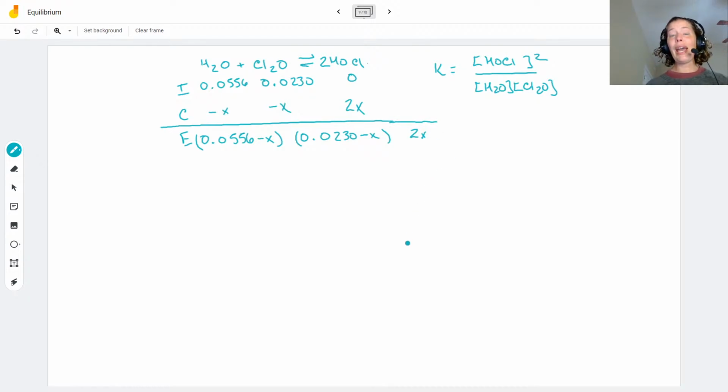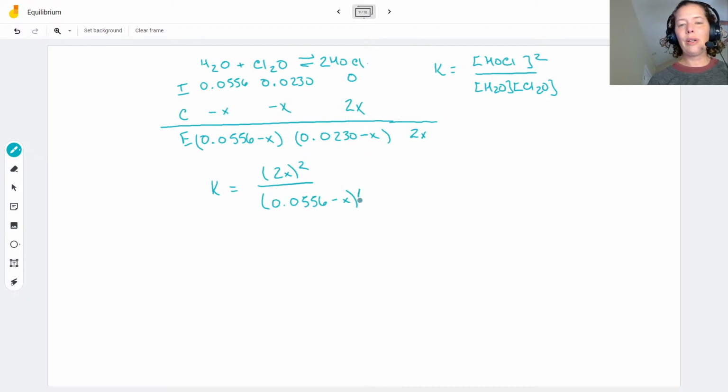All right, so I have my equilibrium concentrations. So now I can plug it into my expression for K. So K is equal to my product, which is just 2X squared, over both of these quantities, again, from my ICE table.